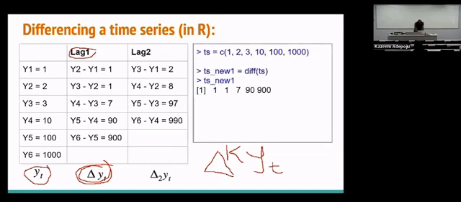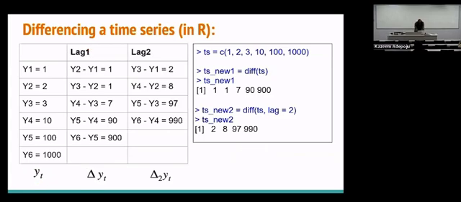Now, I told you the other time, if you want to do it at lag 2, what did I say? diff(TS, lag=2). For lag 1, you may decide not to specify. R will automatically, if you don't specify lag, do it at lag 1. Does that make sense?